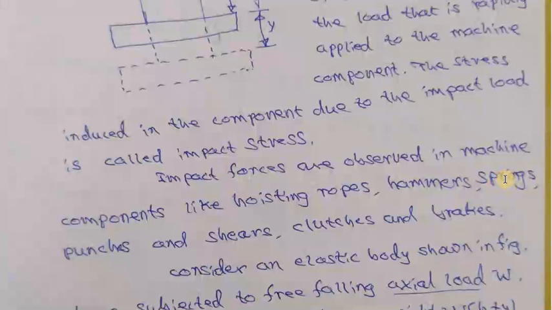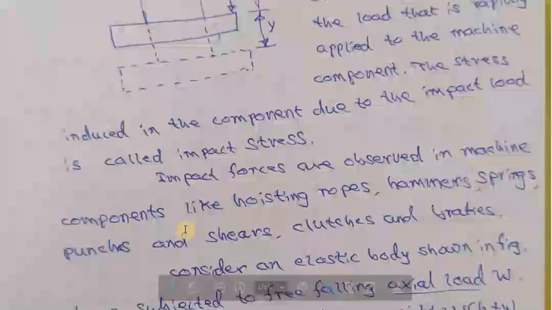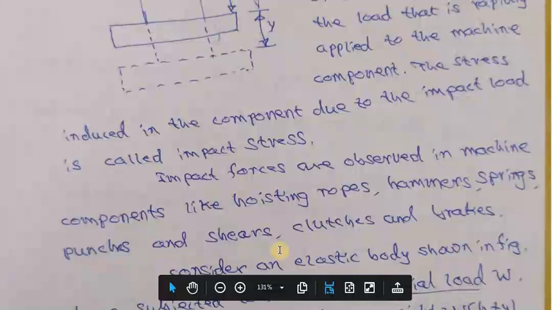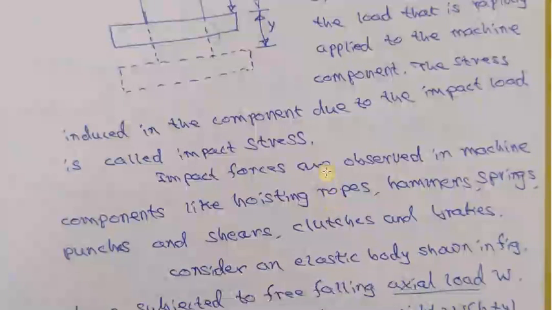Springs are subjected to impact, for example a calling bell in residential houses: when you press with a thumb, there is a spring inside which makes electrical contact, so you are applying a sudden load. That is called spring impact stress. You also have punches, shears, clutches and brakes. These are examples where the component is subjected to impact loading.